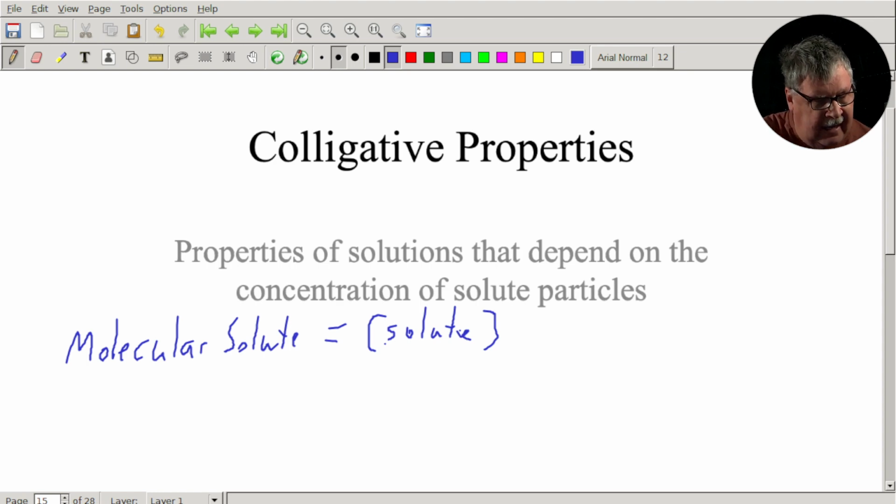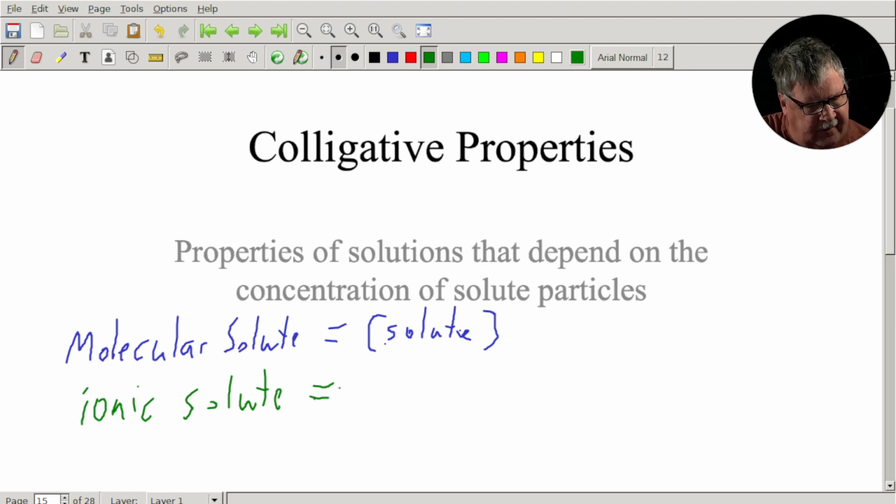Okay. On the other hand, if I have an ionic solute, then the concentration of solute particles is going to be some value i times the concentration, or the original molarity, of the solute.